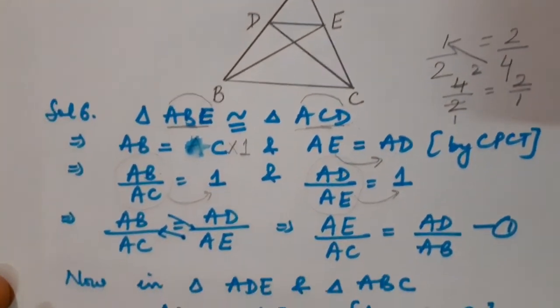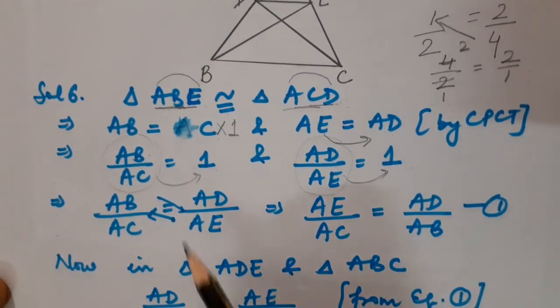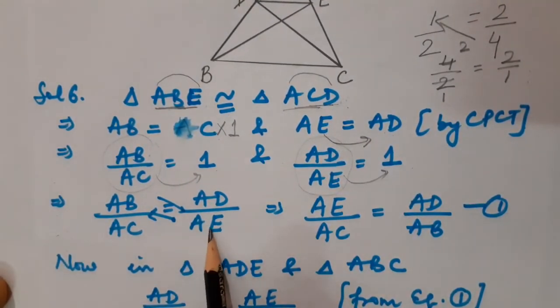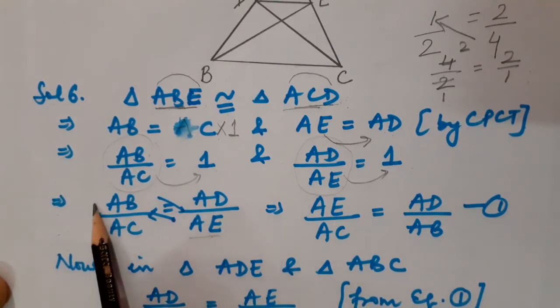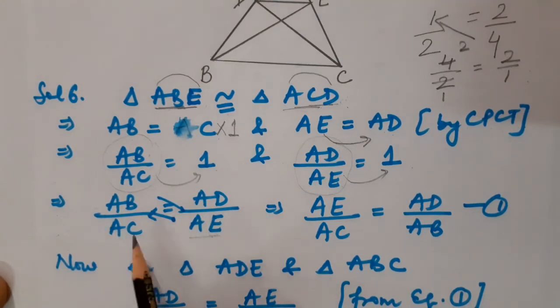So the same strategy can be adopted over here also. I am going to take this AE, which is the denominator of ratio number 2, at the place of the numerator of ratio 1. Fine children. So it would become AE upon AC. And this AB, which was the numerator of ratio 1, I am going to bring to the left hand side.